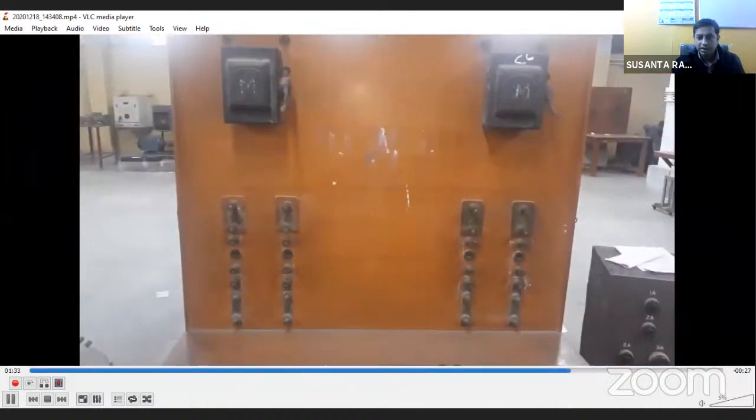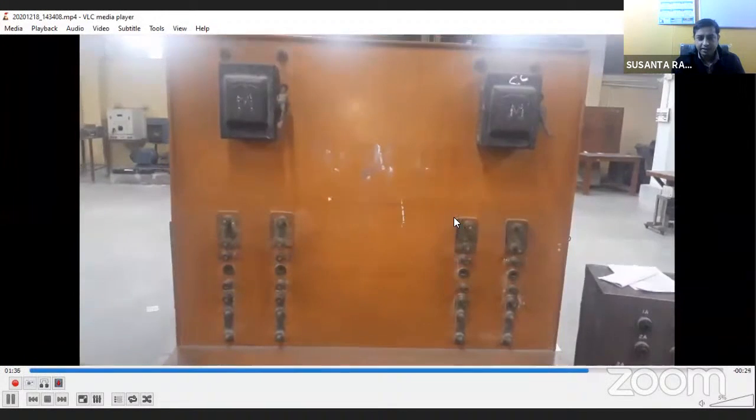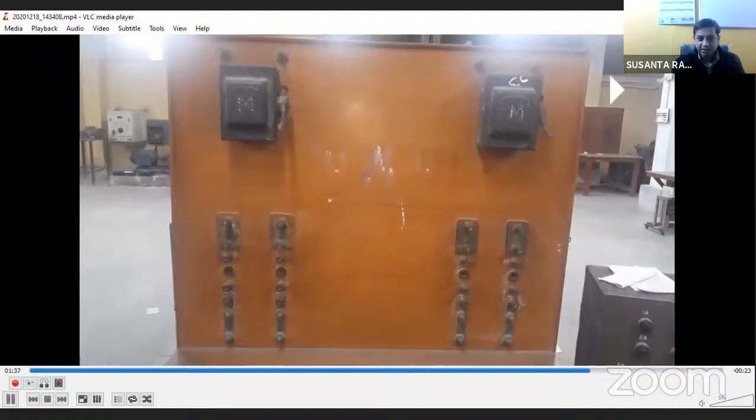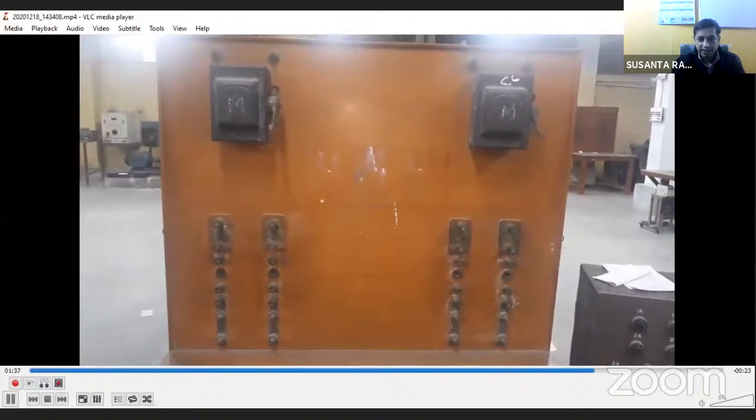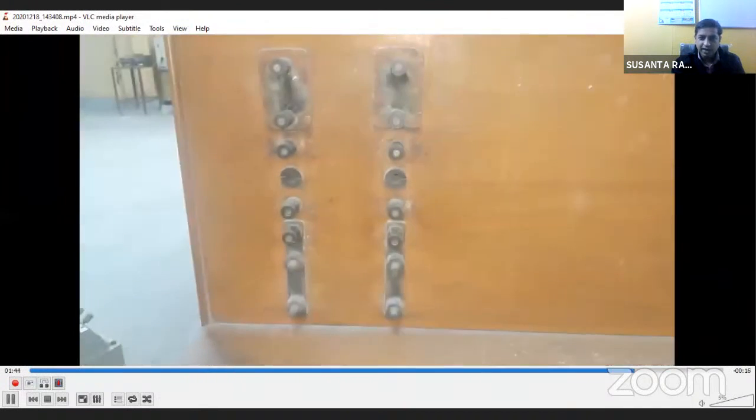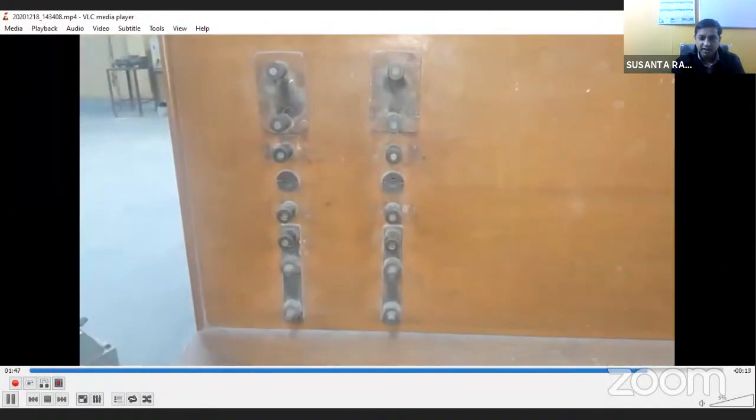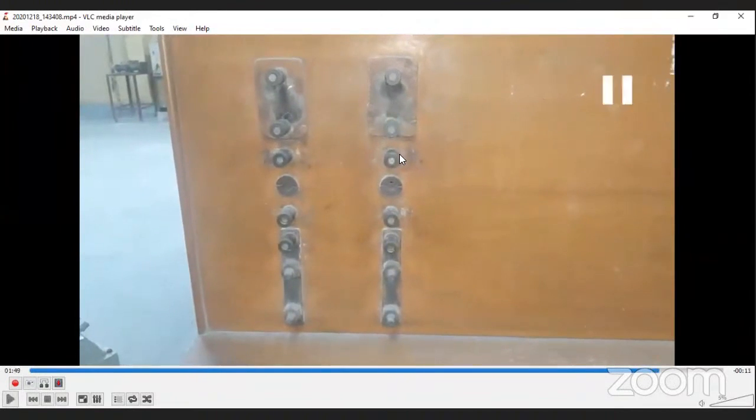Okay, so these are the panels. There are two experimental panel boards, one on the left and another on the right, and fuses are connected there. In this panel, only one discontinuity is there in each line.